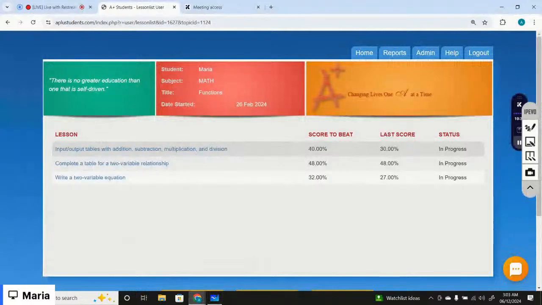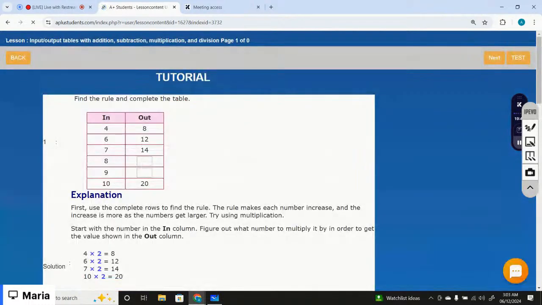Okay, here I'm on grade 4 math. The chapter we are on right now is functions. Let's just start with the first lesson, that is input output tables with addition, subtraction, multiplication and division. Find the rule and complete the table.